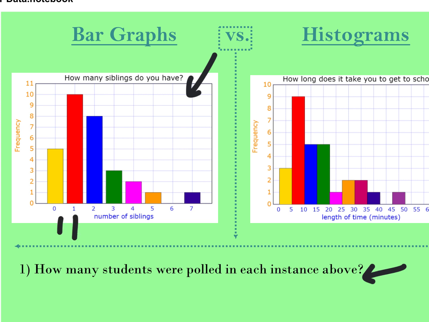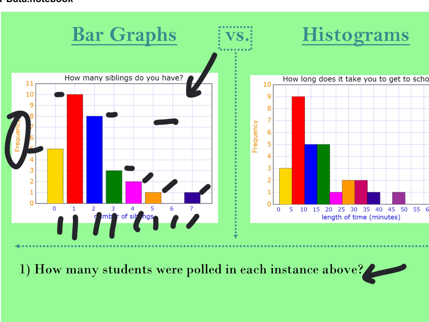Do I look at the number of siblings to see how many people were asked? No, I don't. That wouldn't make any sense. I look at the frequency and I go 5 and 10. That makes 15. Plus 8 more, 23, 26, 27, 28, 29, 30. They asked 30 kids. Do you get how I got that?